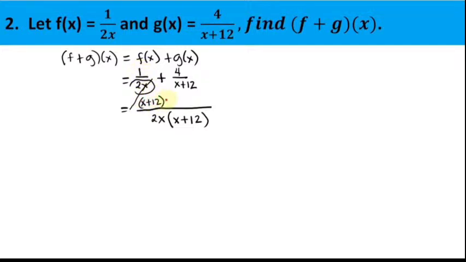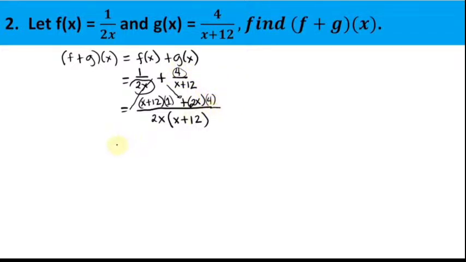Itong numerator natin, times 1. Plus 2x times x plus 12, i-divide mo yan dito, x plus 12. So ma-eliminate ang x plus 12. So ang remaining is 2x times the numerator, that is 4.